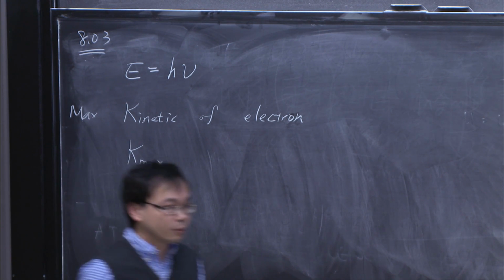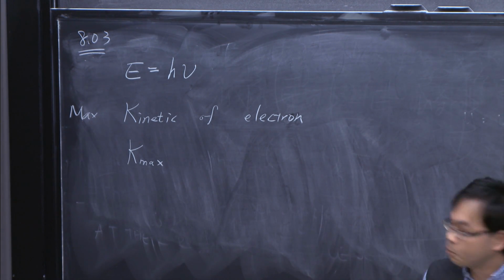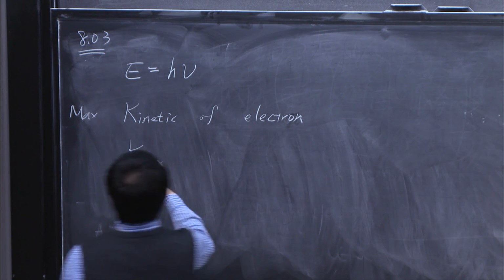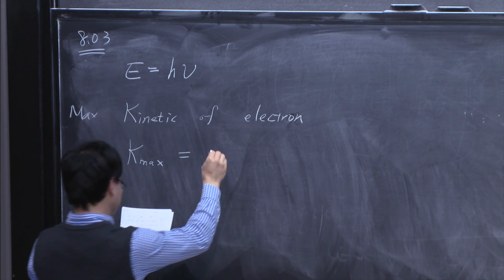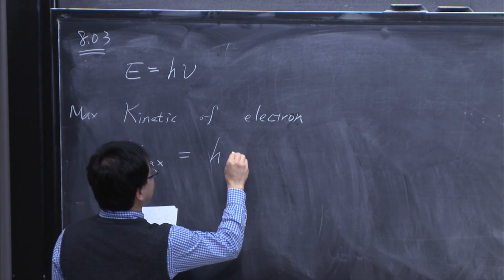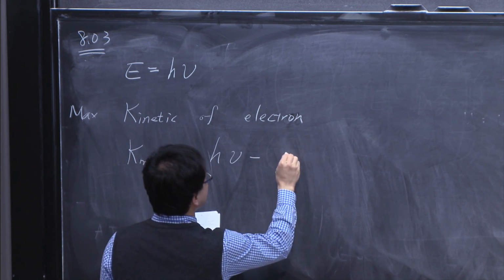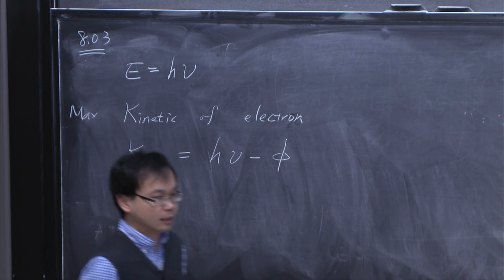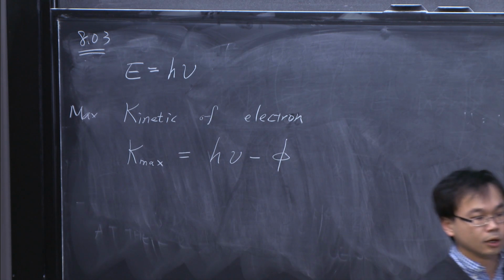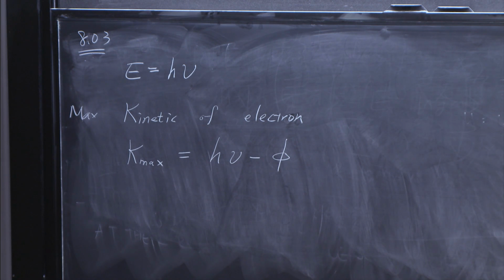What you are going to get is a formula like this. The maximum kinetic energy of the electron will be equal to h bar nu minus phi. Phi is some kind of threshold, or say some kind of energy which you need to overcome to kick one electron out of the material.